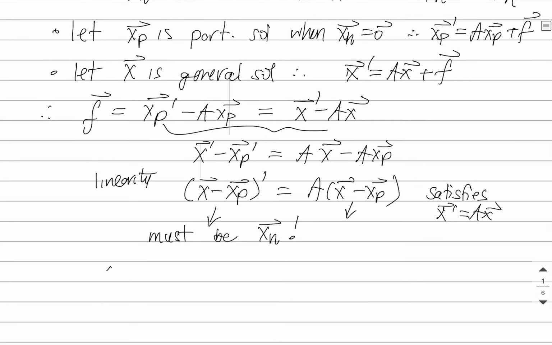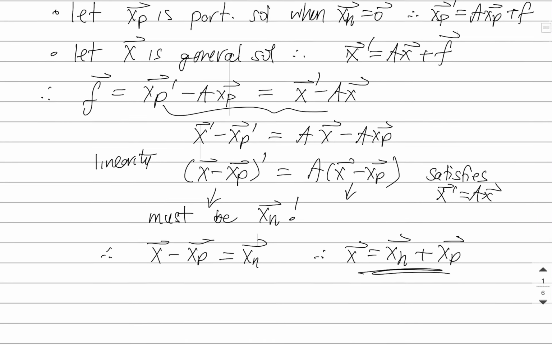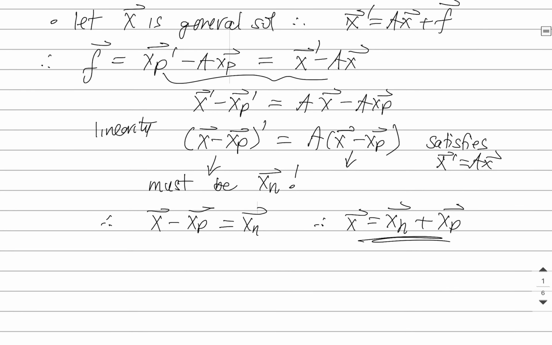That tells me right away that X minus XP has to be XH, or the general solution is always a sum of the homogeneous plus the particular. And that is exactly like it was for scalar equations. It's no surprise. This will be true for all linear problems.